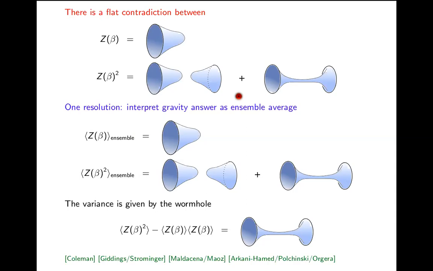A wormhole just violates the factorization of Z(β)² equals Z(β)². So there's a non-trivial connected correlator for Z(β), which is something that should have had no correlator with anything.